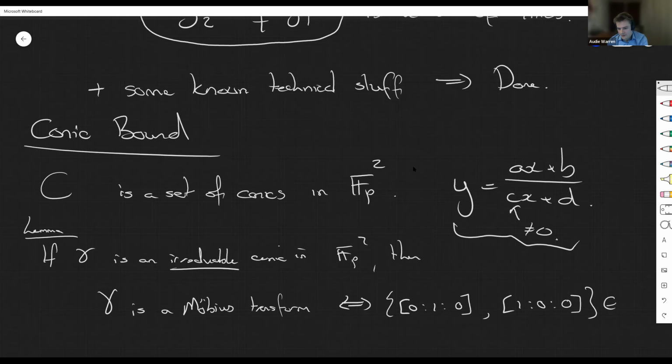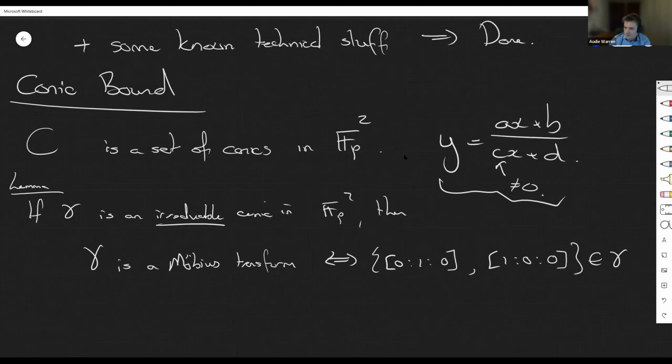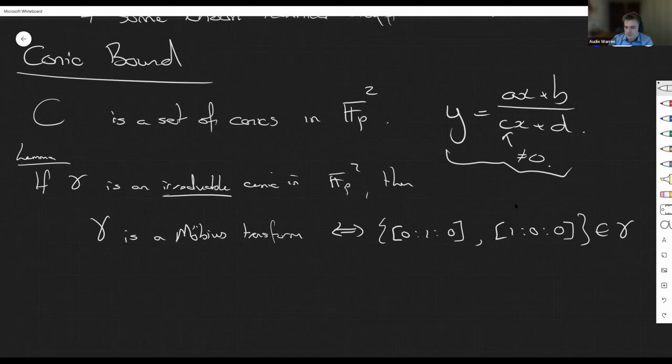If this set is contained in our irreducible conic, then the conic has to be a Möbius transformation. Okay. So again, I hope this isn't anything mysterious. This can really be proved simply just by writing down the equation and assuming that these 2 points lie on the conic. Okay.